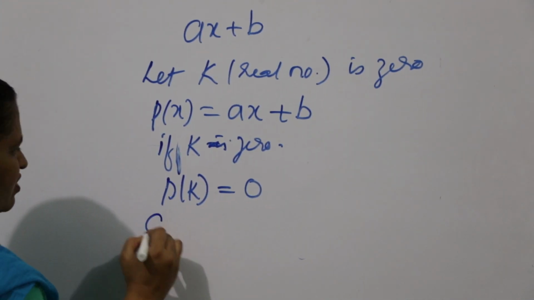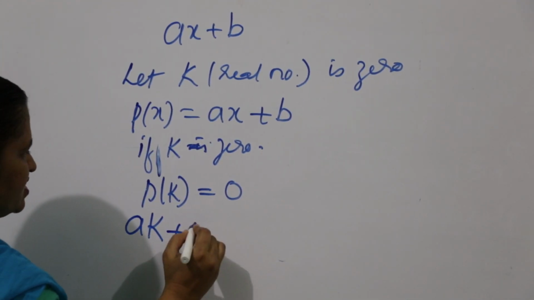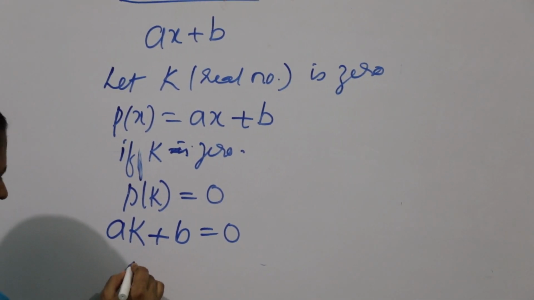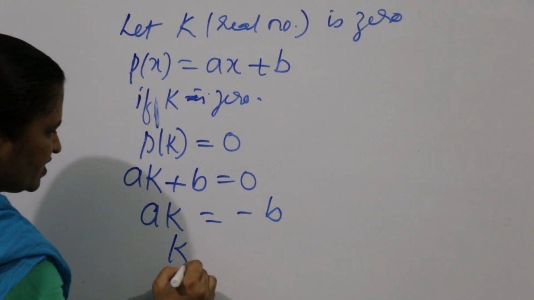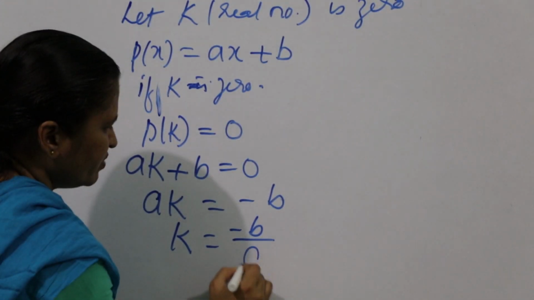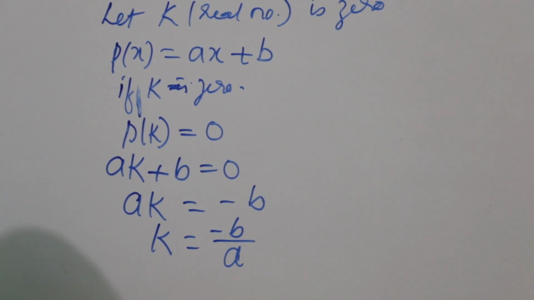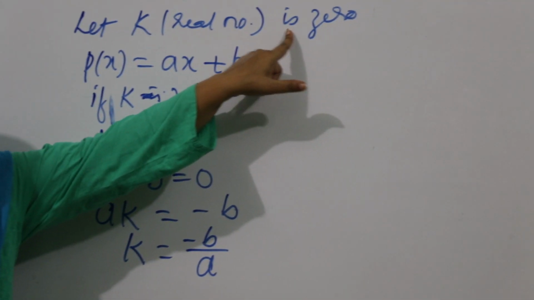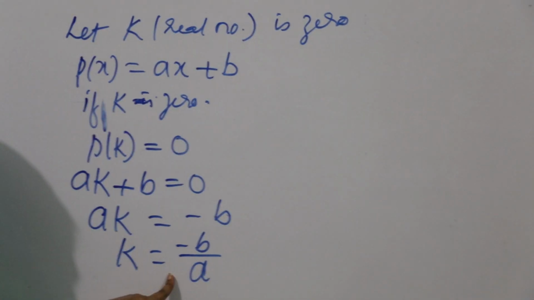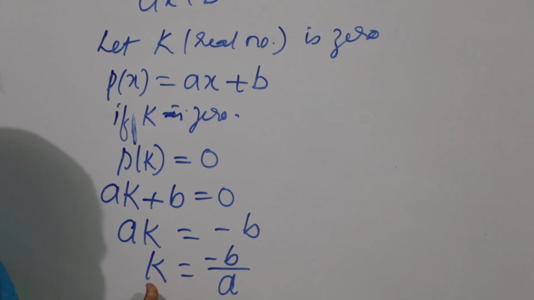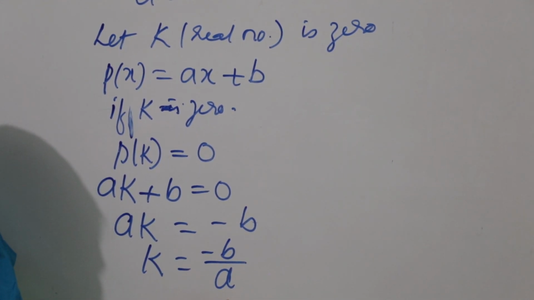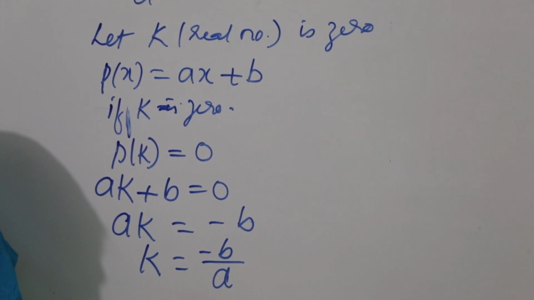So p of k means a k plus b becomes 0. So a k is equal to minus b, and k is equal to minus b by a. So k, our zero, is minus b by a.